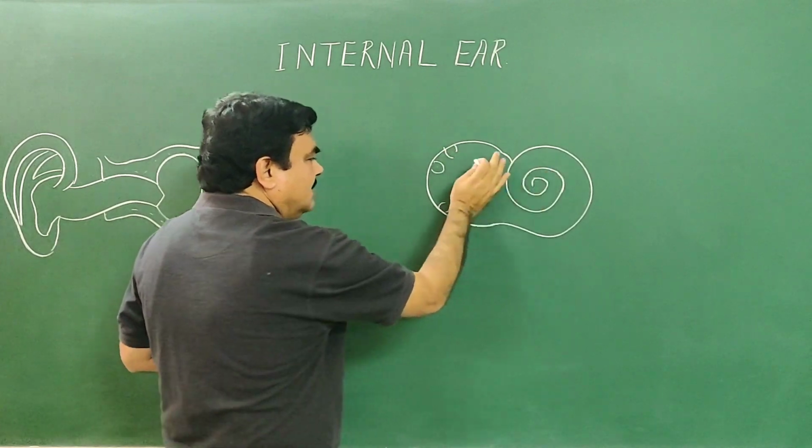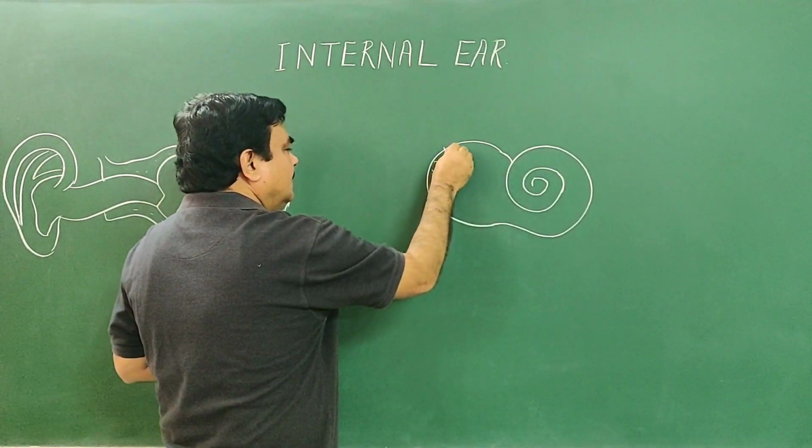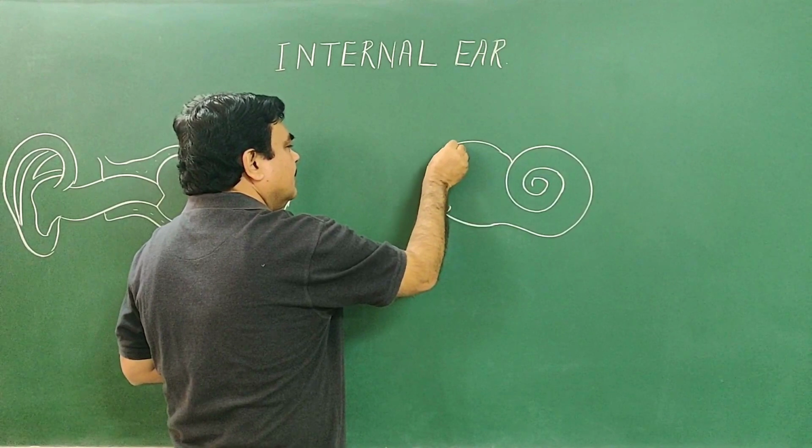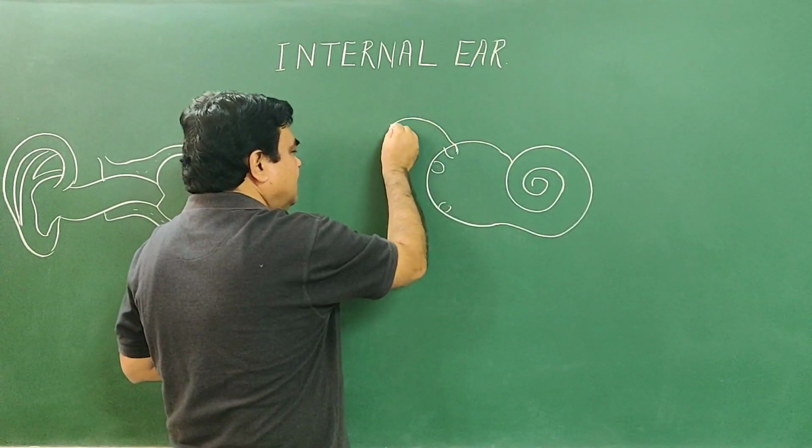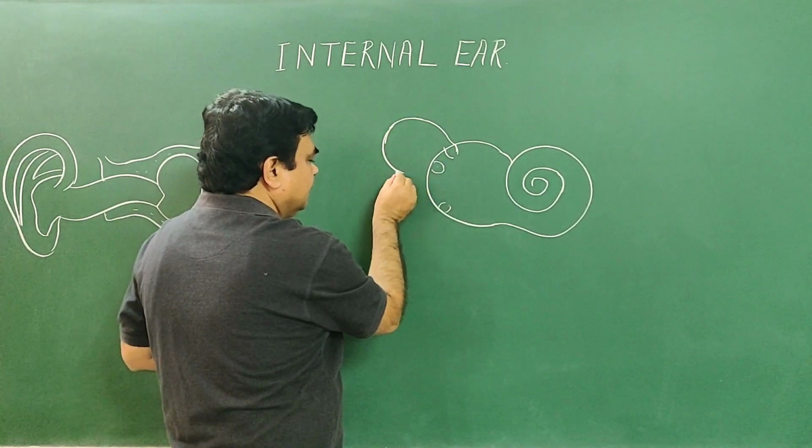This is the cochlea, this is the vestibule, and this part is the semicircular canal.